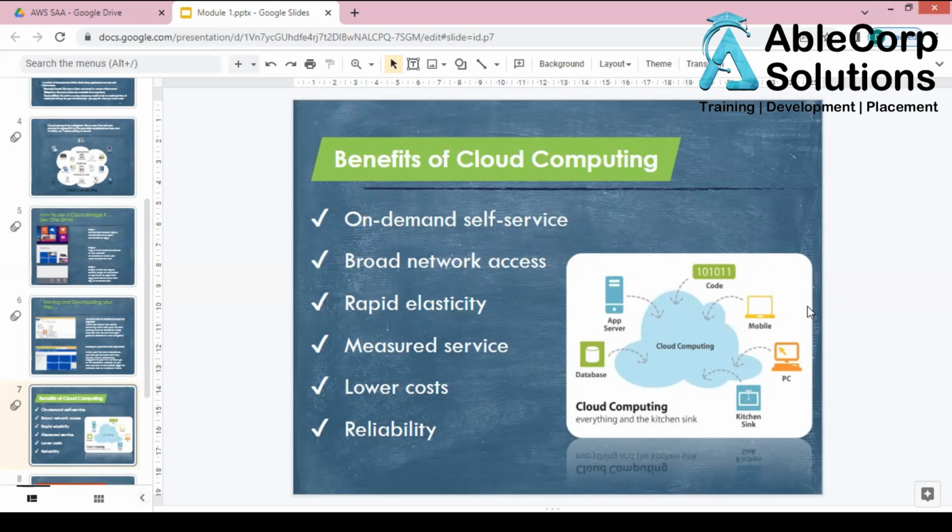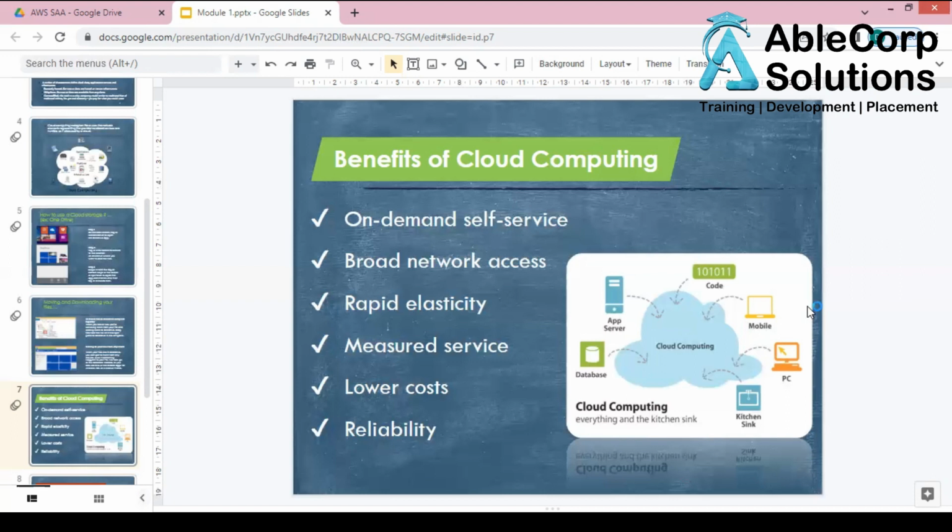Broader network access. Suppose there is a client in the US, and they are setting up a new infrastructure in Australia, and they want to migrate their data to Australia. Definitely, by cloud computing, they would be able to transfer the data from the US to Australia directly.